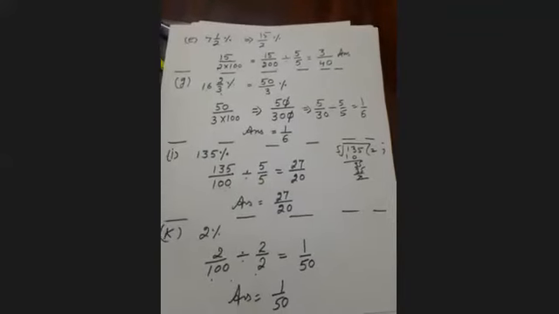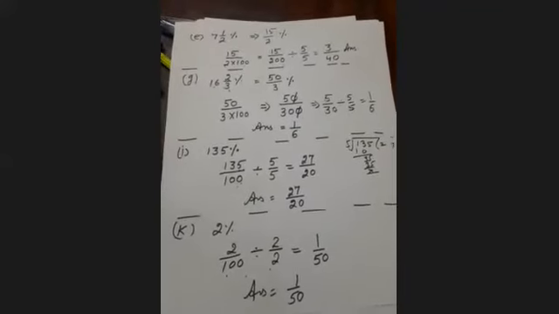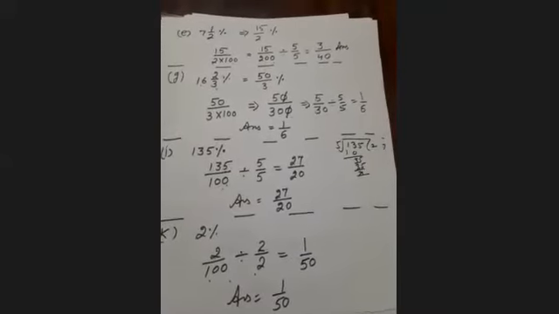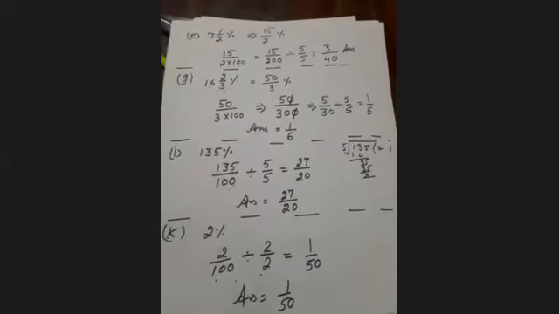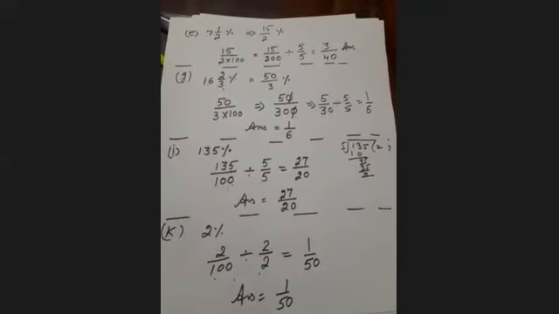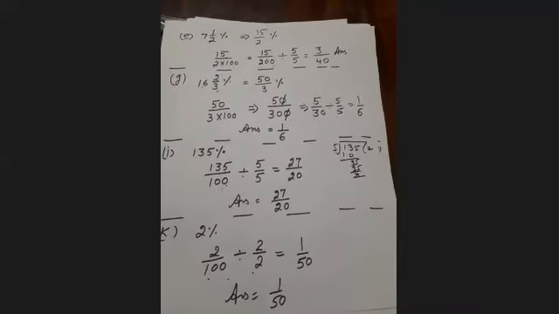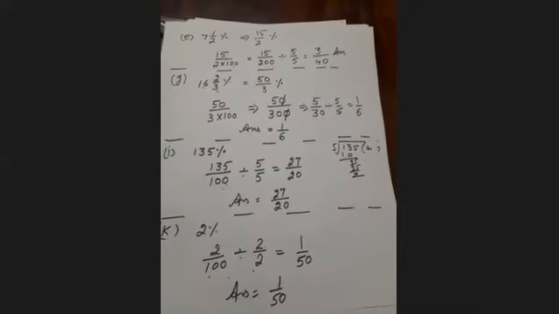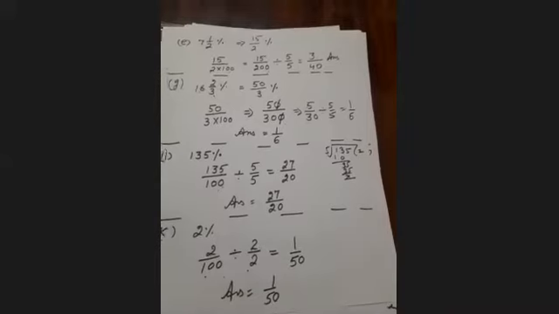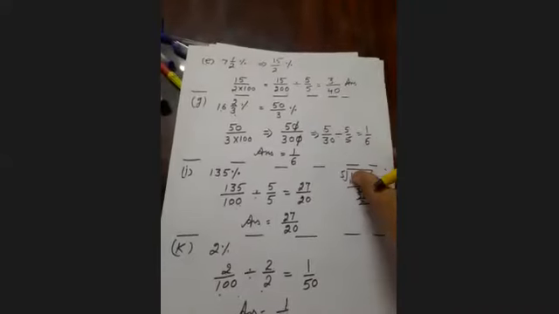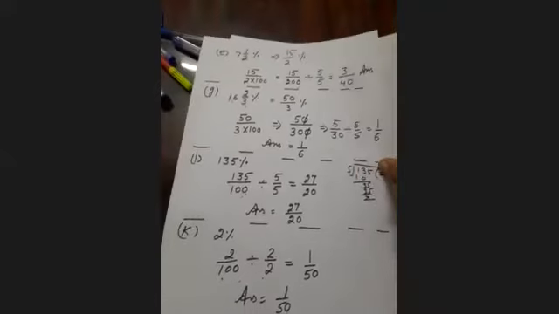So again, students, this is the first question, part E, G, I, and K. Clear, students? Now, second question, express as decimal numbers. Now we have a few numbers in the form of percentage.